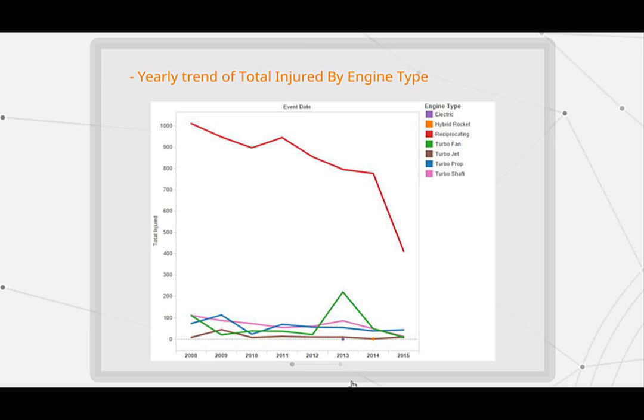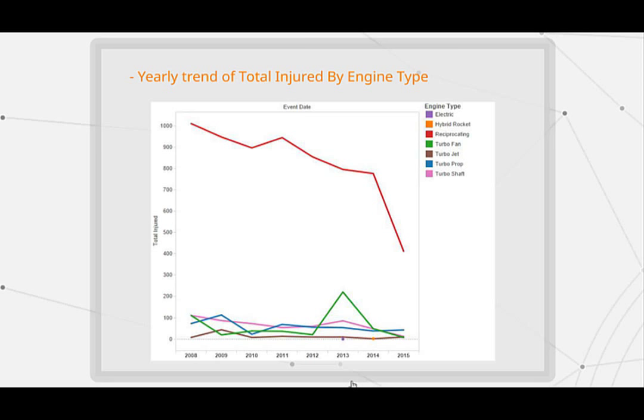All other engine types used in the aircraft have more or less the same number of injuries, which is not much during these years. So we can infer that the aircraft using reciprocating engines are more vulnerable to fatal accidents as compared to the aircraft using other engine types.